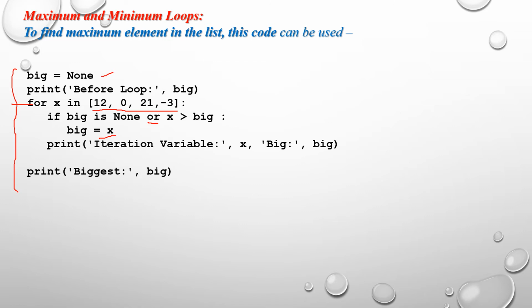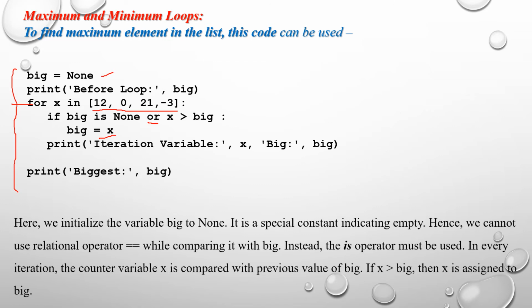So in this program we initialize the variable big to None. It is a special constant indicating empty. Hence we can't use the relational operator double equals while comparing it with big.